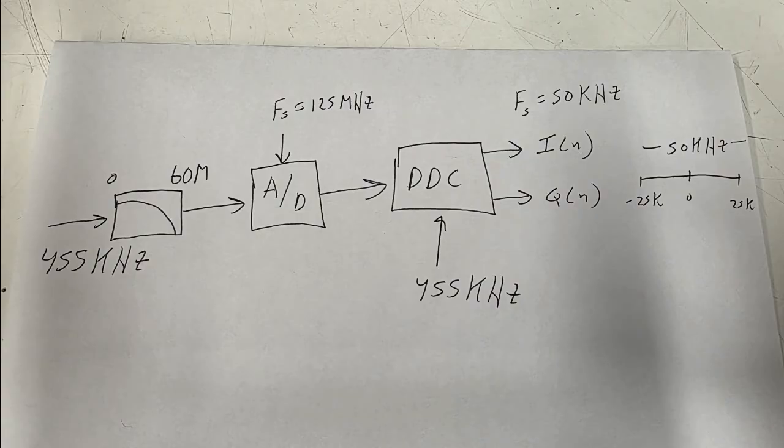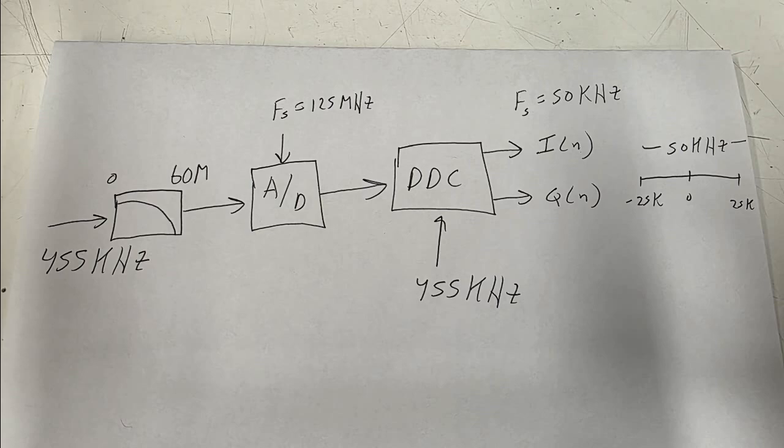But if we think about that, that seems to be a lot of processing. We have a 455 kilohertz signal. In this case, let's say it's band limited by 10 kilohertz. And then we're sampling that with a massive 125 megahertz data rate, all that just to finally reduce it to a lower sample rate.